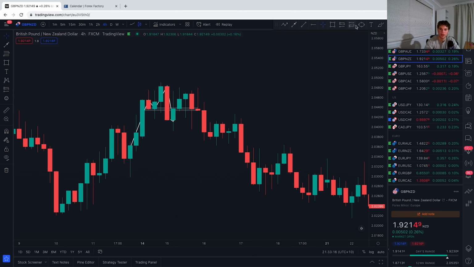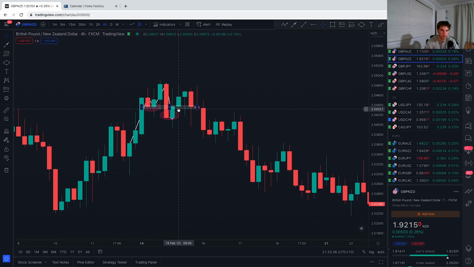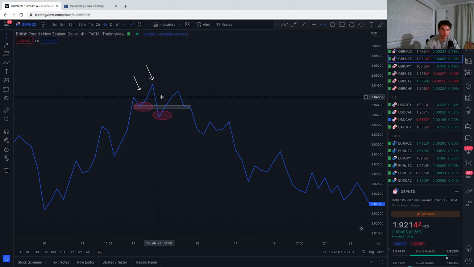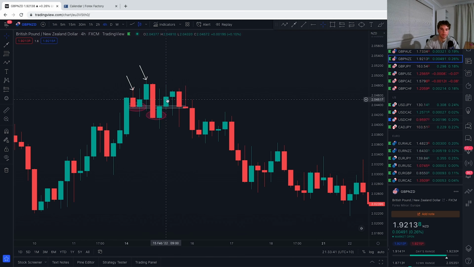Because of my rules, when we break this higher low structure right here, we can start looking for sells. We break and close below that level. We even create a little double top right there. If we look at the line chart, it might be a bit clearer. You can get rid of this double top, break below the previous higher low, but it's a fakeout.